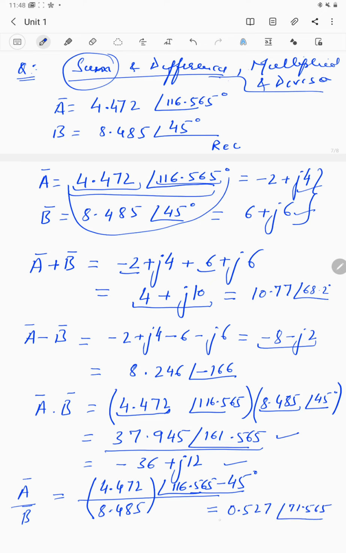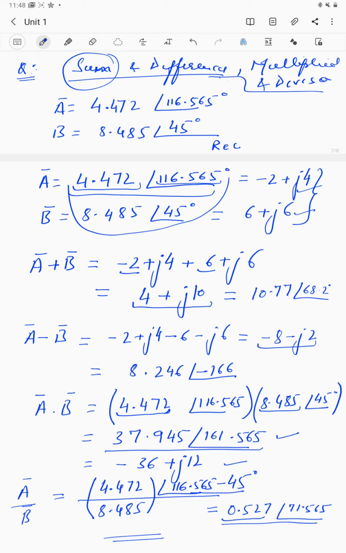After the division you will get 0.527, and the angle, if you subtract 45 from 116.565, you will get this angle. This is in polar form, and likewise you can also convert it into rectangular form.